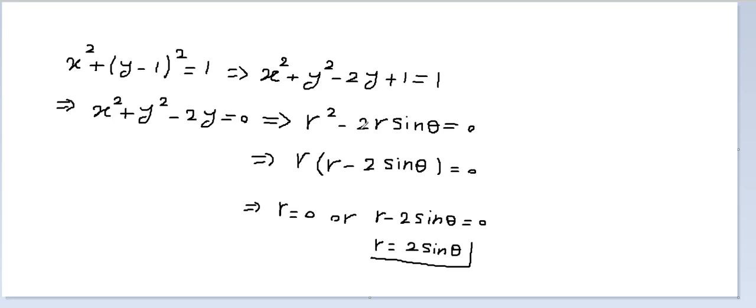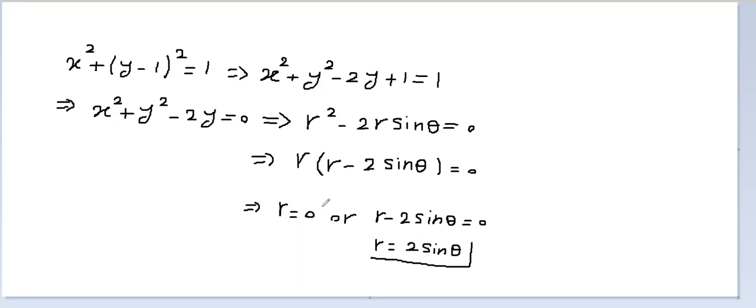Now if you factor out r, we have r times (r minus 2 sine theta) equals 0. So either r is 0 or r minus 2 sine theta equals 0. So from here we get r equals 2 sine theta.